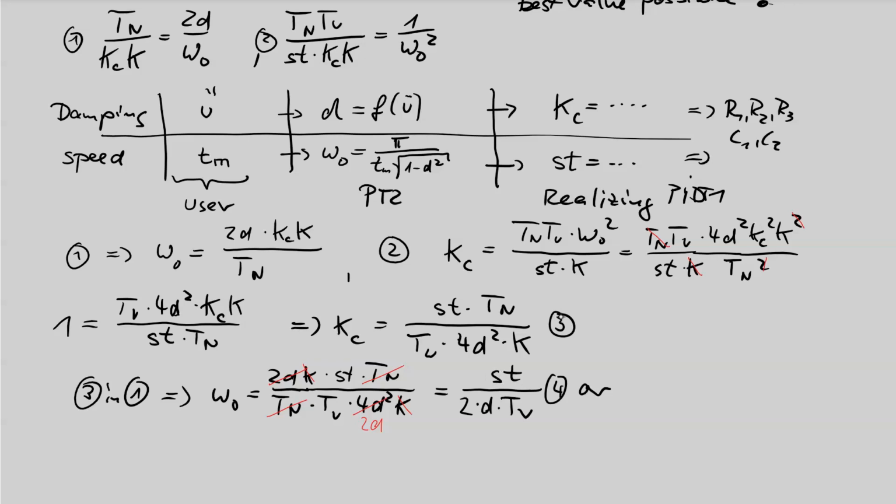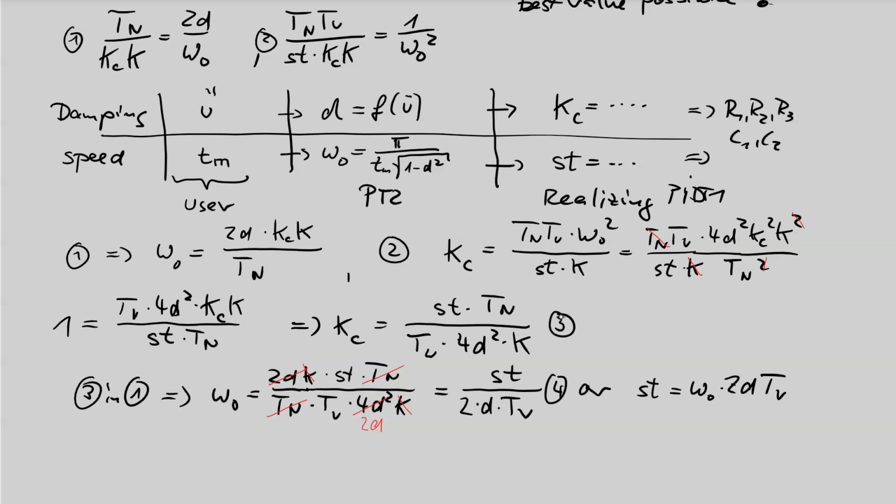Or we solve to step depths. Step depth is omega naught divided by 2d Tv. So very simple relation. Step depth and omega naught are linear.